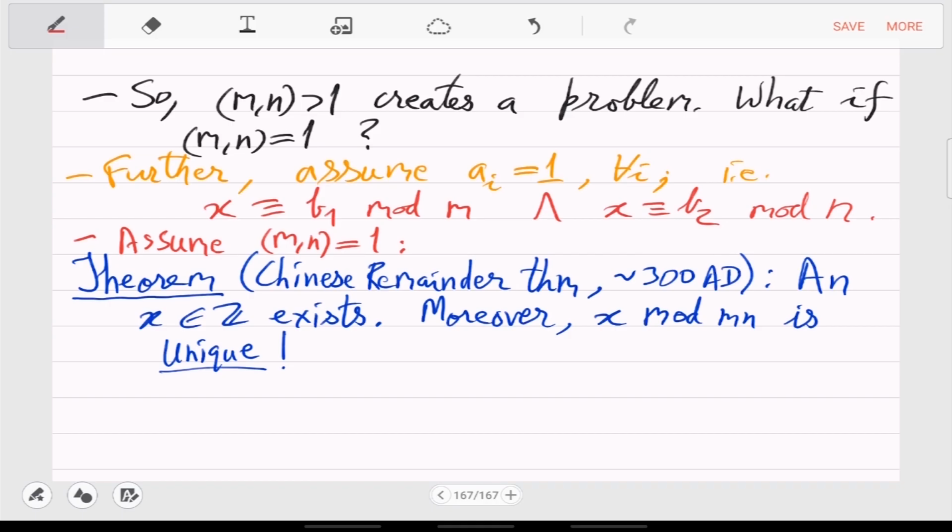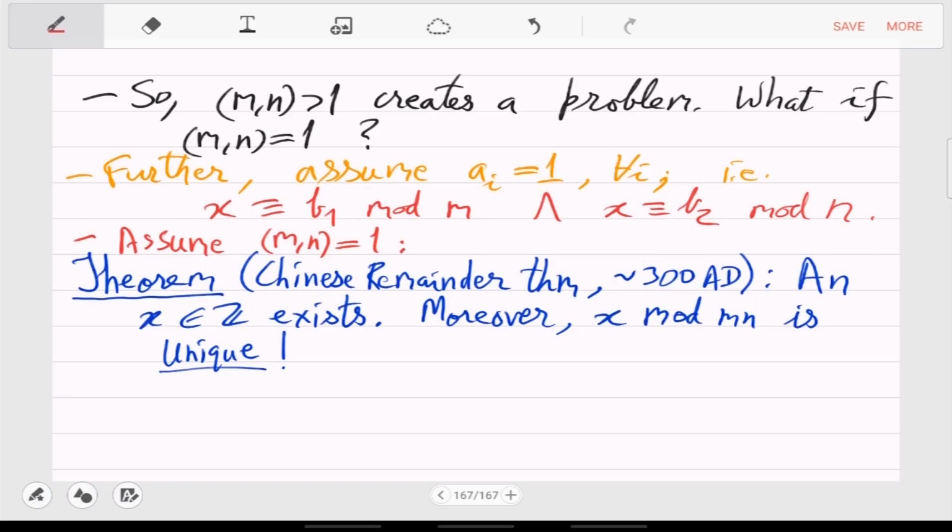Why do we need this? Why do we have to say that mod mn it is unique? Is it unique without mod mn? Why not? Yeah, so whatever x you find, let's say x0, notice that x0 plus mn is also a solution, because mn is 0 mod m and mn is also 0 mod n.